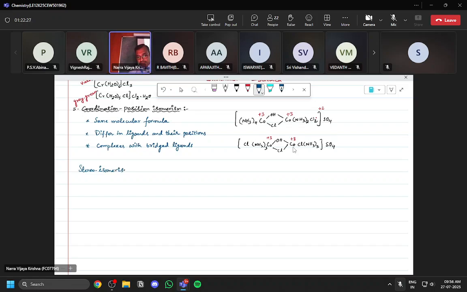Already you know that stereoisomerism is again classified into different types: geometrical and optical. Correct?